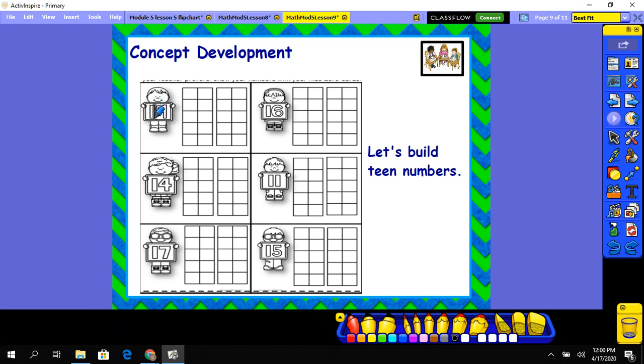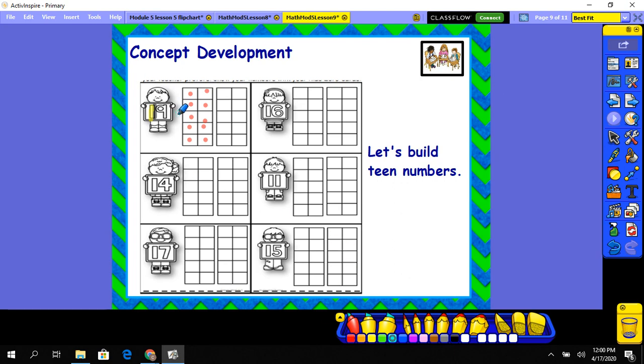This 1 means 10. So when I go to make my groups, I know that I need 10 dots in the first 10 frame. Let's fill in our 10 frame with our 10 dots. 1, 2, 3, 4, 5, 6, 7, 8, 9, 10.